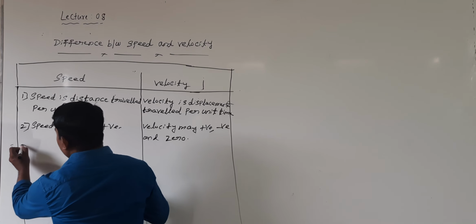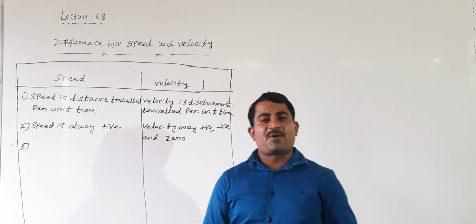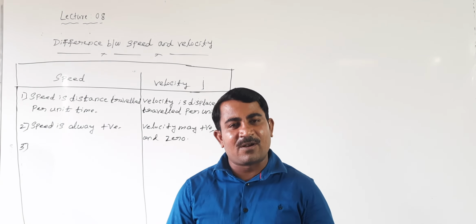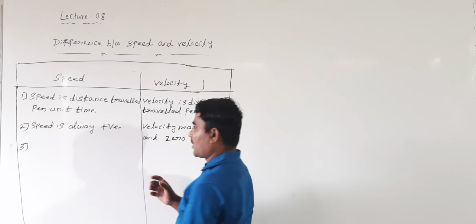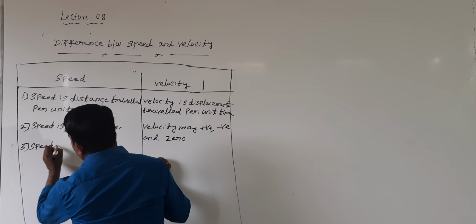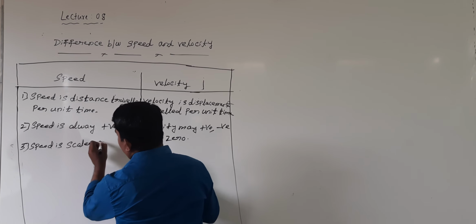Then let us go for the third difference. Speed of the body is a scalar quantity, because distance traveled by the body is always a scalar quantity. Speed is a scalar quantity.